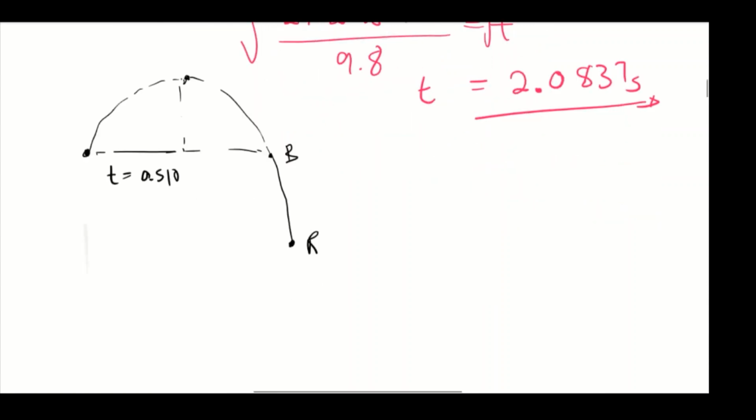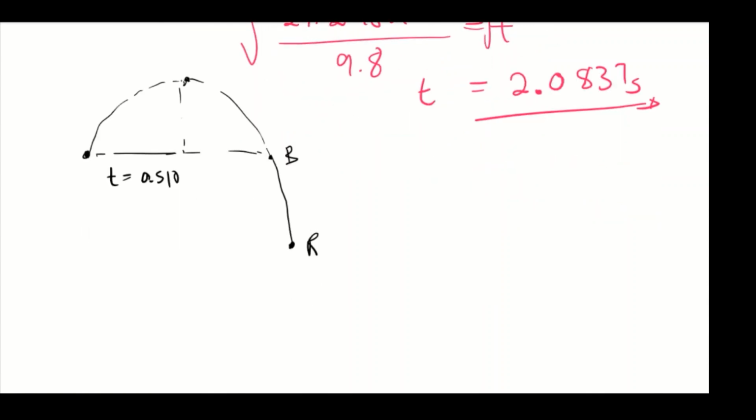And the time it took from this point of maximum all the way down to the road is t equals 2.0837 seconds. Now we're just going to add these two times, because you need to calculate the time from the initial point all the way down to the road.